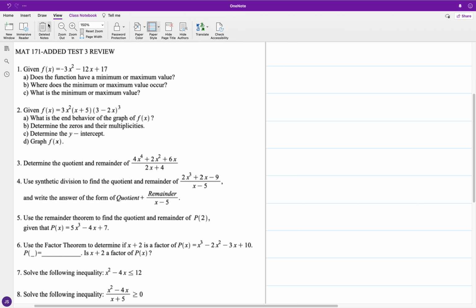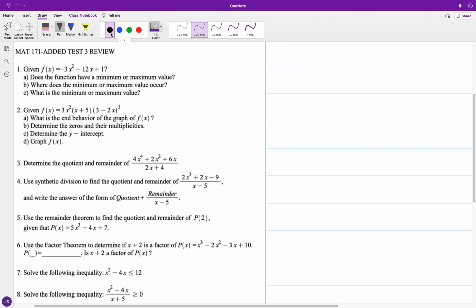This is not a yes or no question. For the first item, we have the standard form of this particular quadratic function, and I'm going to translate it along the lines of the vertex form.